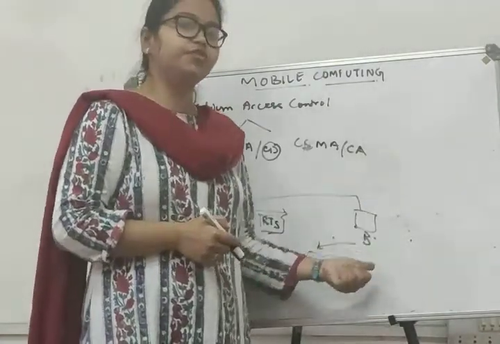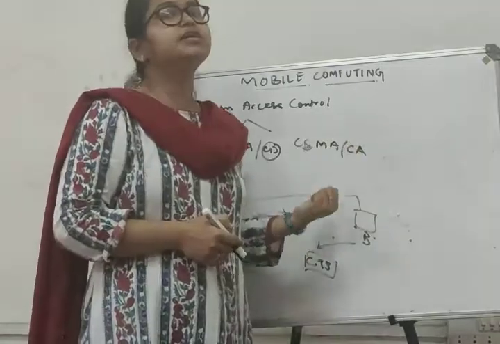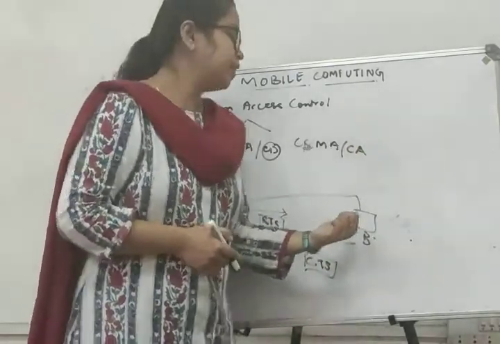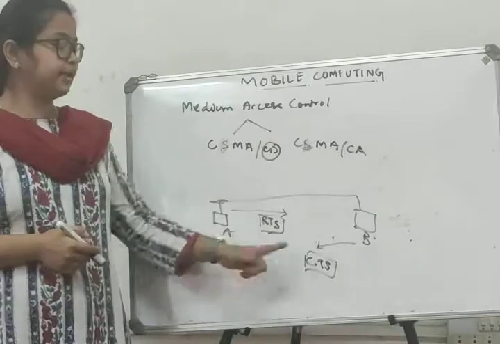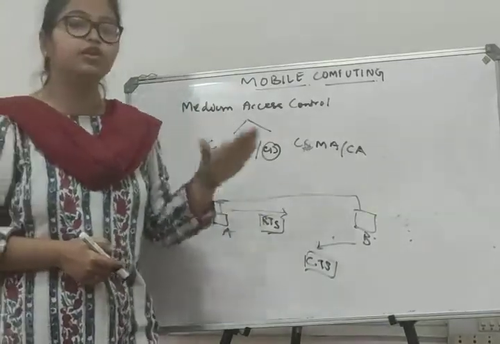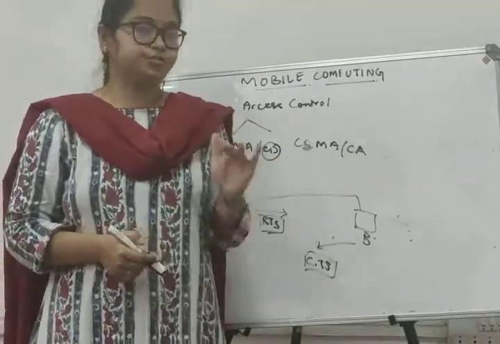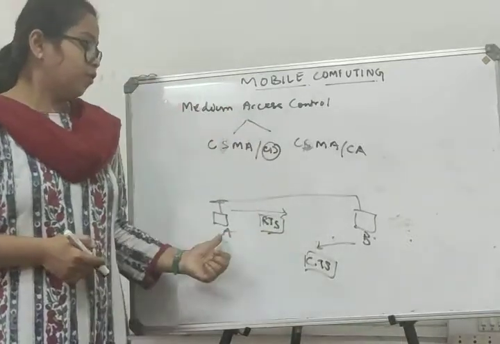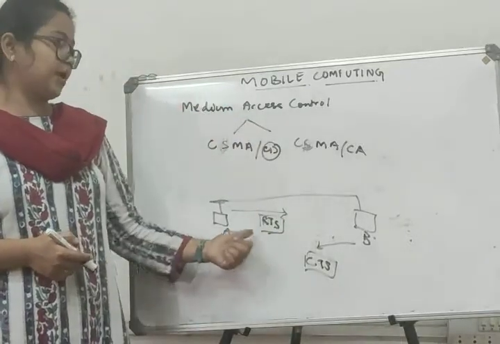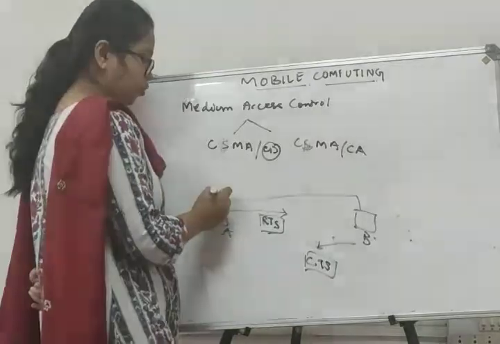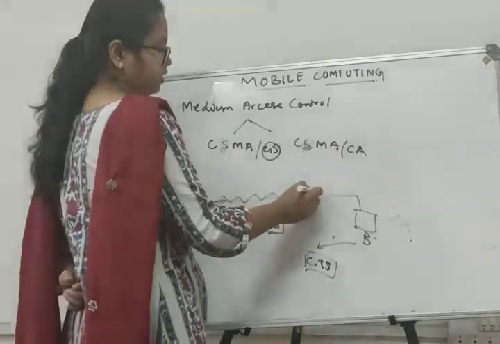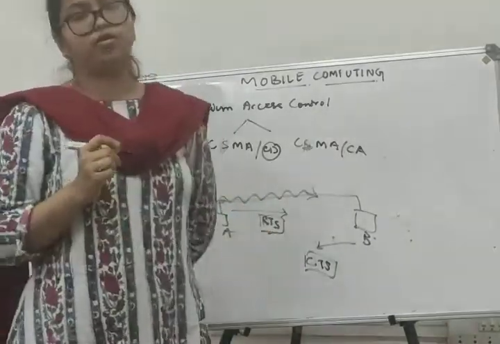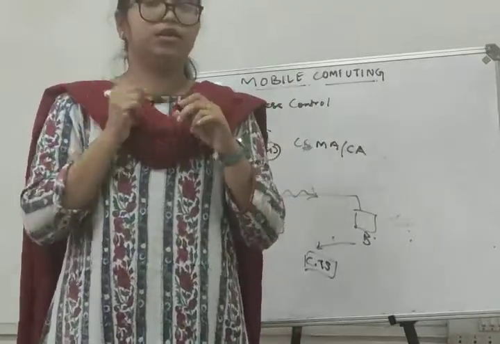If B is not free, B will not reply with a CTS packet. If A doesn't get the CTS packet, it will not go ahead with the transmission. Only if it gets a CTS packet from B will it start transmitting its signal to B, and communication takes place then only.